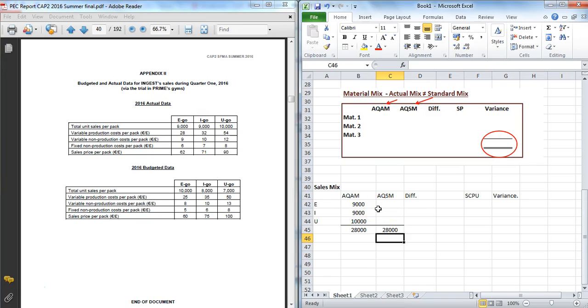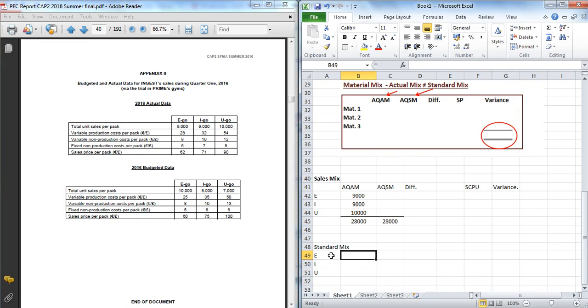And how do we figure out what the standard mix is? Well, we go back to the budget and we use this relationship 10 is to 8 is to 7. And we use those relationships, so we get those percentages, and we apply it to the actual quantity. So we get here the standard mix for E, I, and U is 10 is to 8 is to 7.